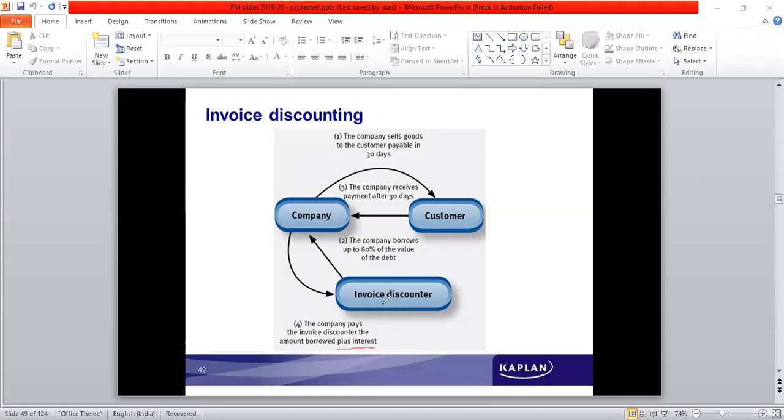The invoice discounter is also assured that the amount will be paid by the company, because there is proof that the customers would pay at the end of the credit period.